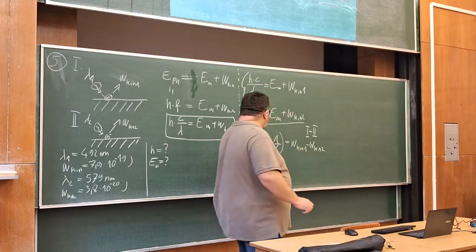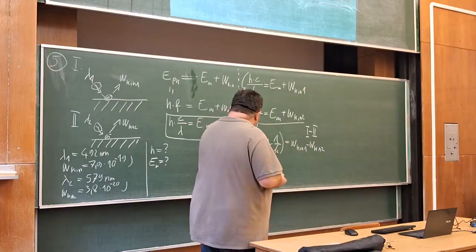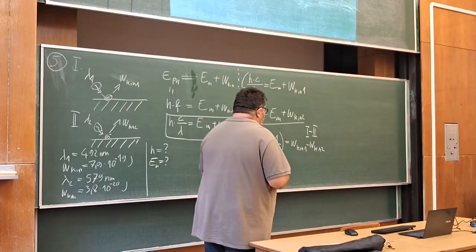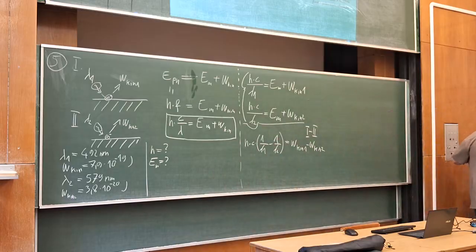Okay, we know lambda 1, lambda 2, we know the energies, we know the speed of light. So we can determine the Planck constant.